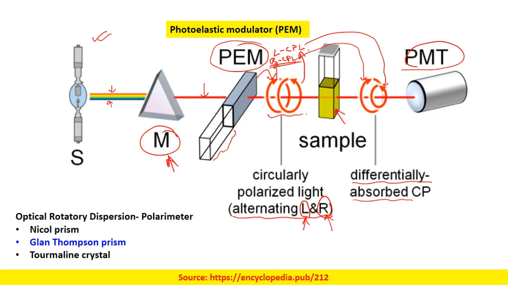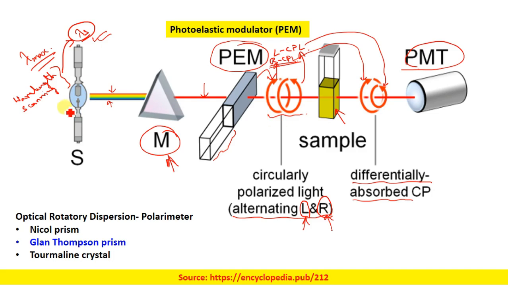In normal UV-visible spectroscopy, you can do the analysis either at a specific wavelength, which we call lambda max, or we can go for wavelength scanning, where information about all the wavelengths is required.